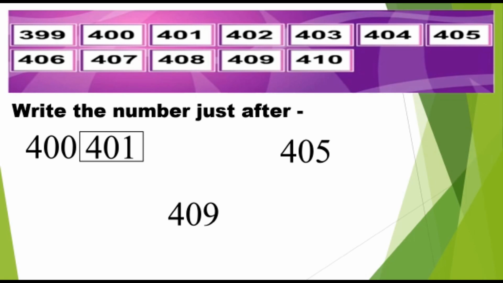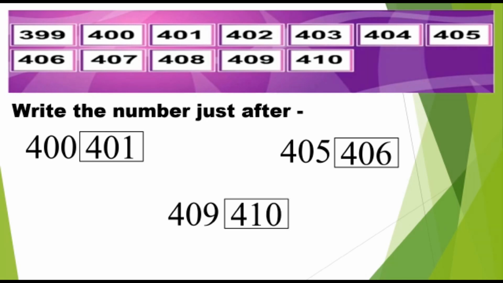What comes after 405? According to the number strip, after 405 we have 406. 409. What number comes after 409? If we check the number strip, after 409 we have 410.